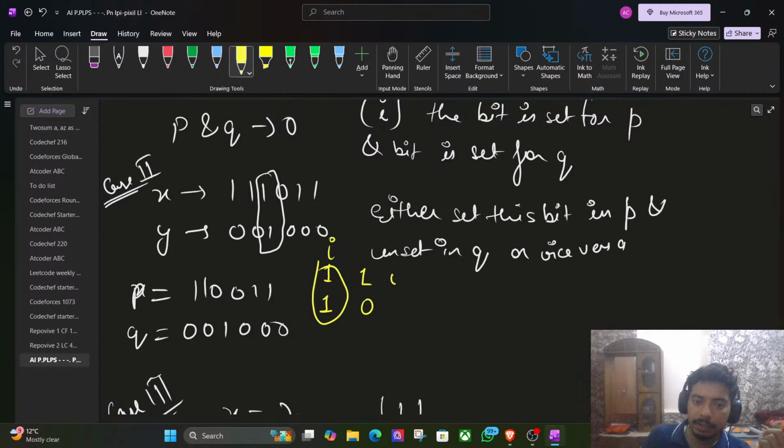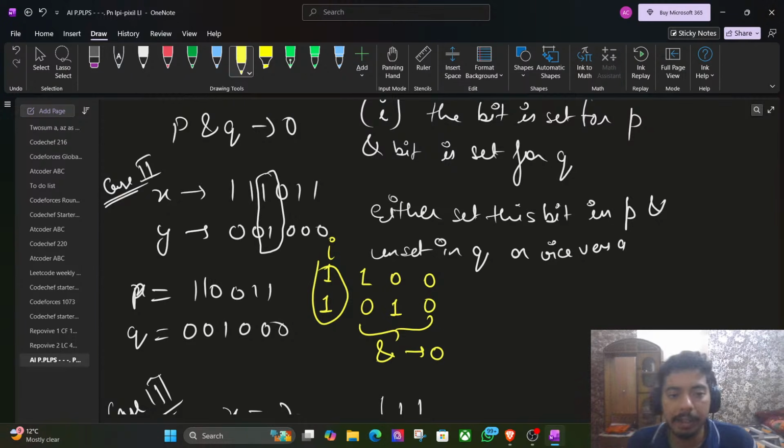Else, if it is 10 or 01 or 00, these three will give you AND as 0. So we don't need to touch any of these three. So we need to work on only this kind of bits. As you can see in this particular scenario, this particular 1 1 gives a conflict, and when we do AND, it will become a headache for us.